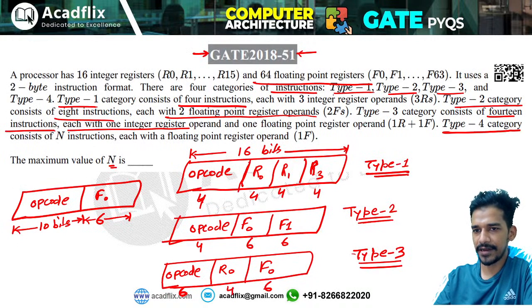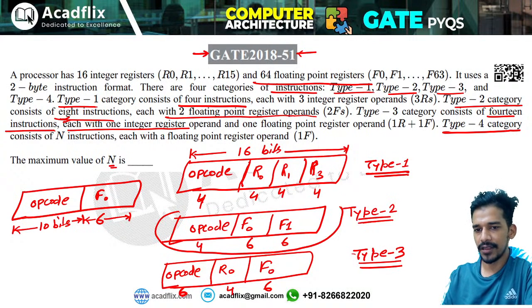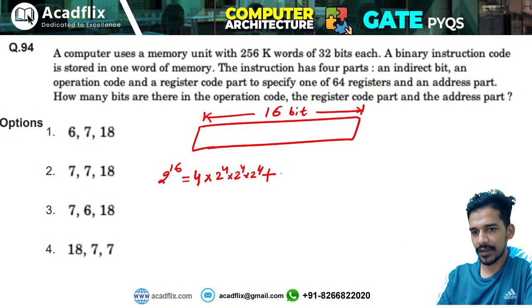The type 2 category consists of 8 instructions, each with 2 floating point operands. So this is the format of the type 2 category.